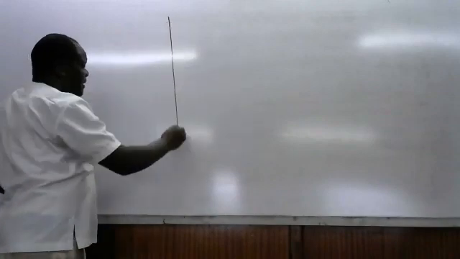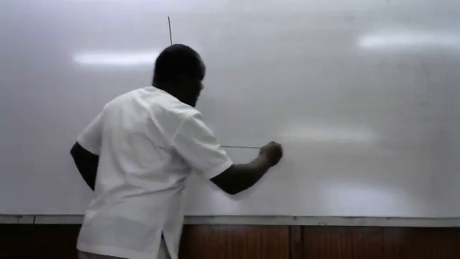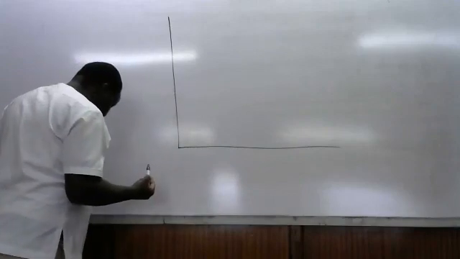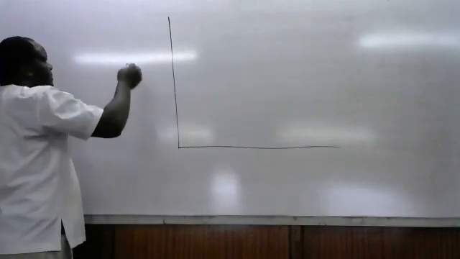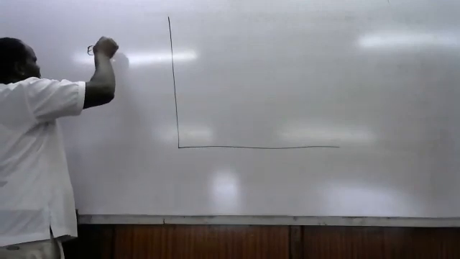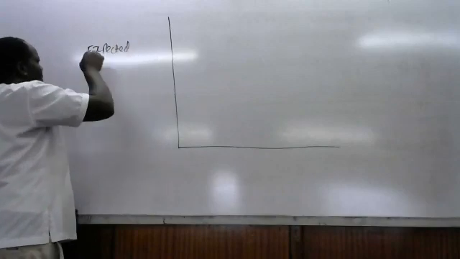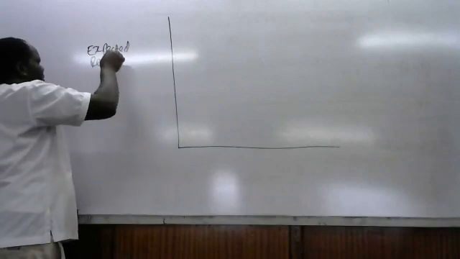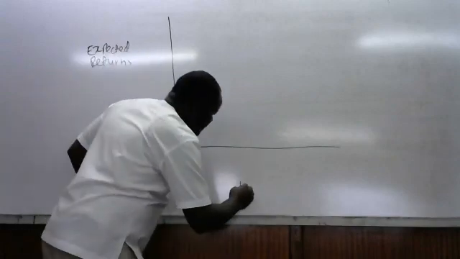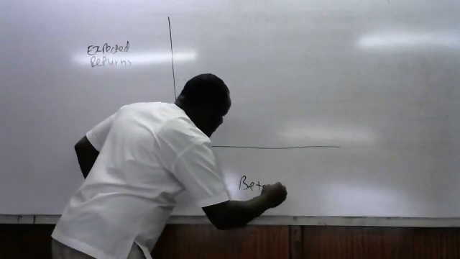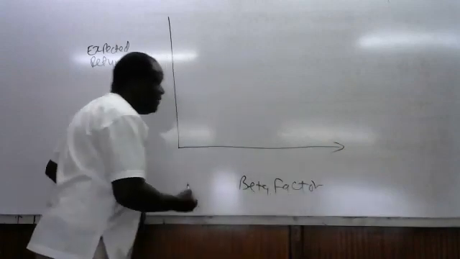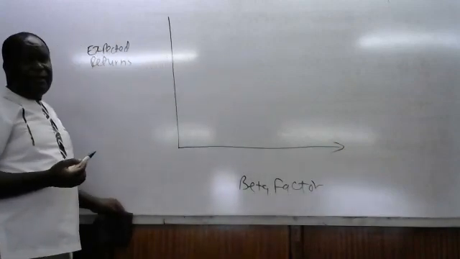So in our diagram, on this side we shall have expected returns. In this other region, we shall have the beta factor.